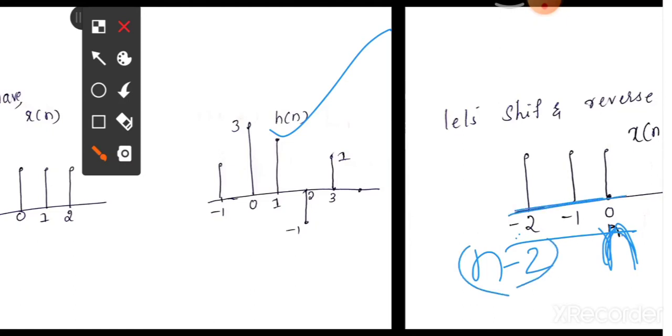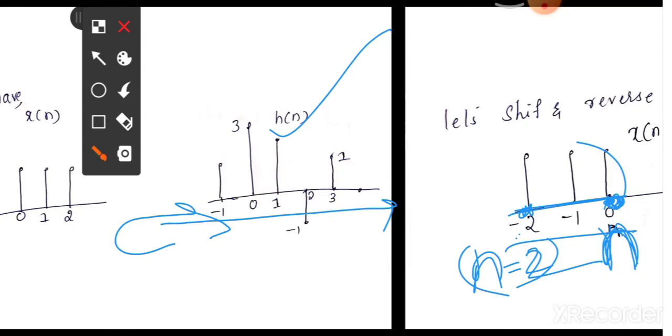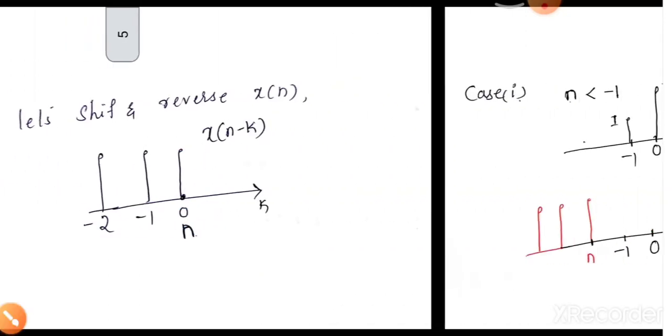The start of this entire signal will be n, and the end point of this one will be n minus 2, because we are moving this signal. Hold this point and start moving from this to this end. So we have to check how much it is going to overlap.